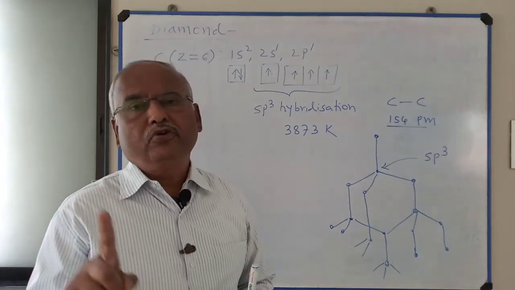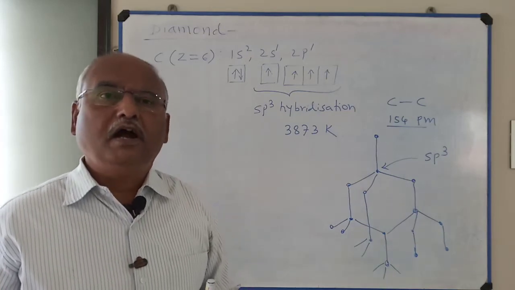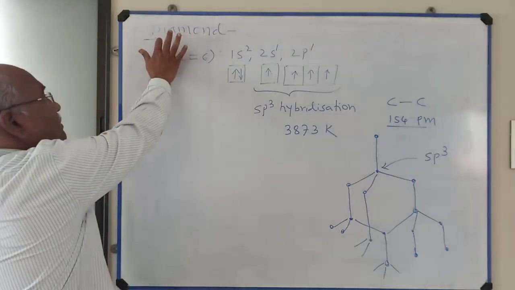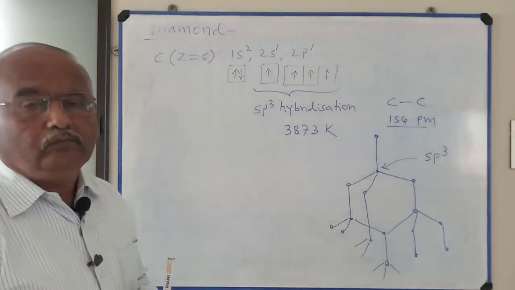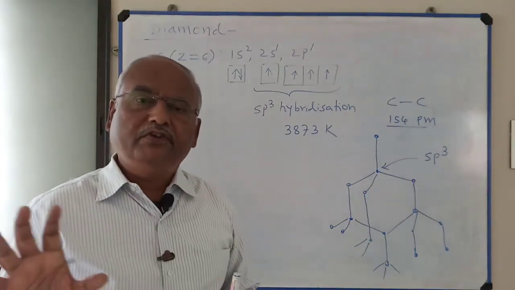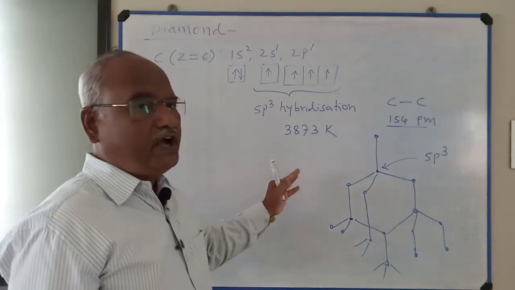It is used to sharpen hard tools. Diamond is a prestigious substance used in jewelry. So this is about diamond.